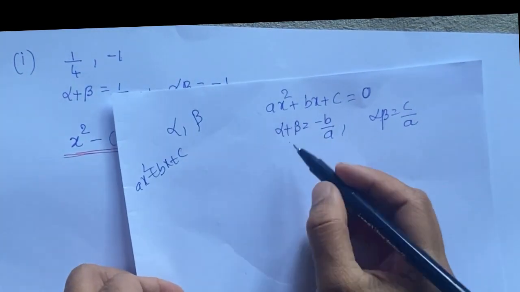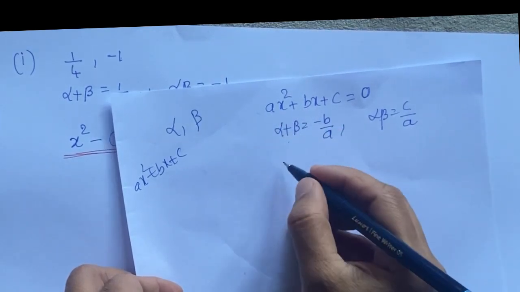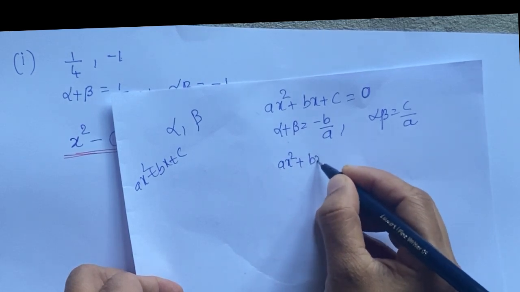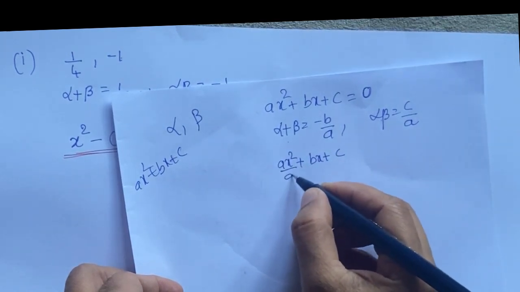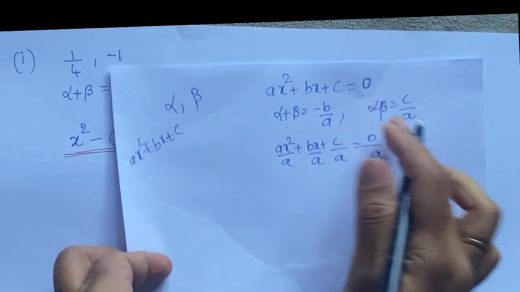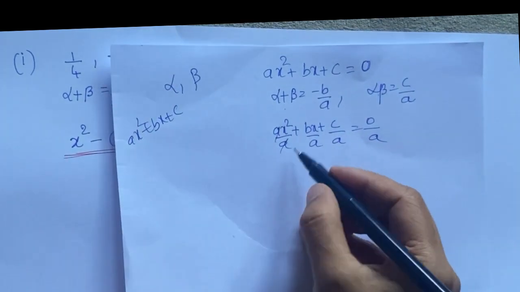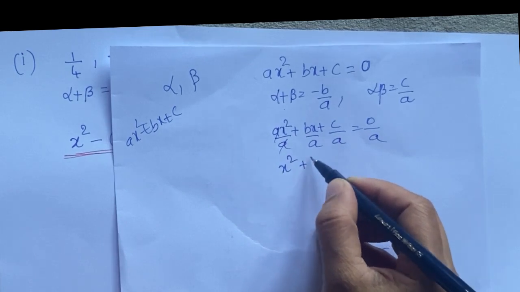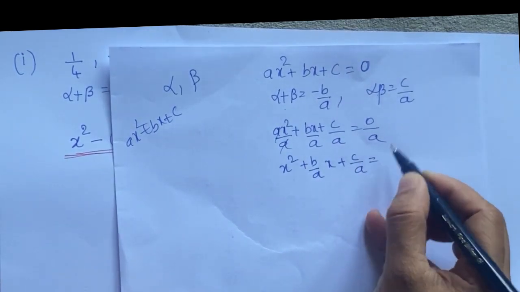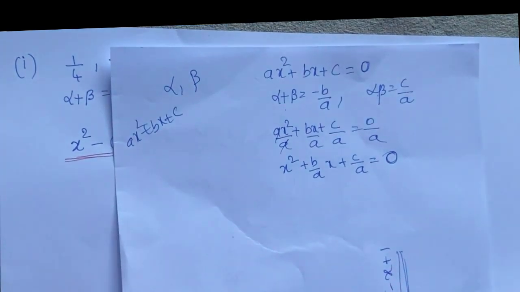First I will divide ax square plus bx plus c by a, and 0 by a on the right hand side. A will get cancelled, and you will get x square plus b by a into x plus c by a is equal to 0 by a, which is 0.